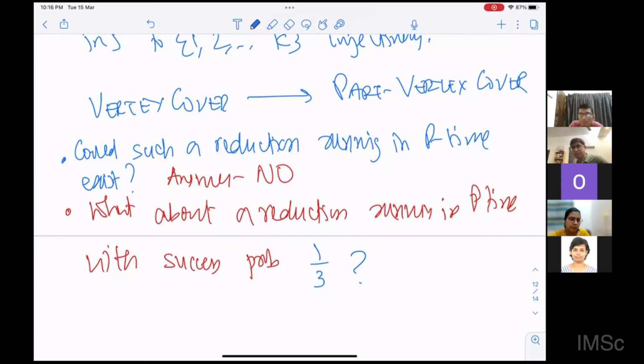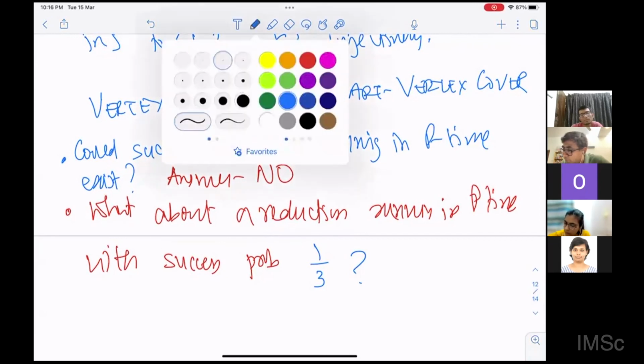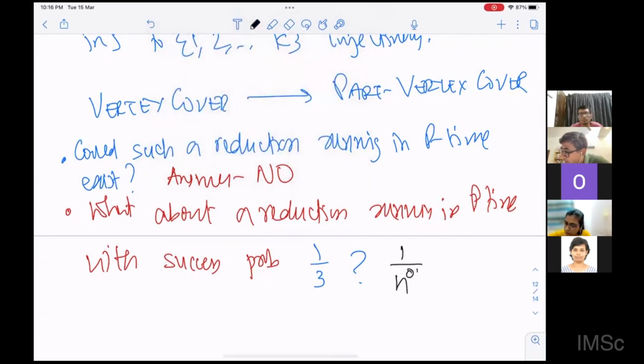That will imply some other kind of hierarchy collapse, so we don't expect it. You get my point? We can't even have a success probability of 1/n to the power big O of 1, because I can run this reduction several times independently, do some kind of democracy, choose the best answer from whichever runs, and you can boost the probability again to a constant.